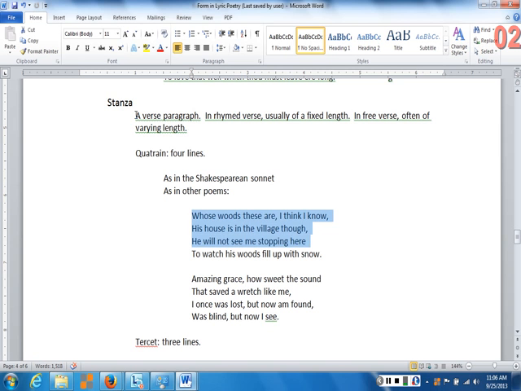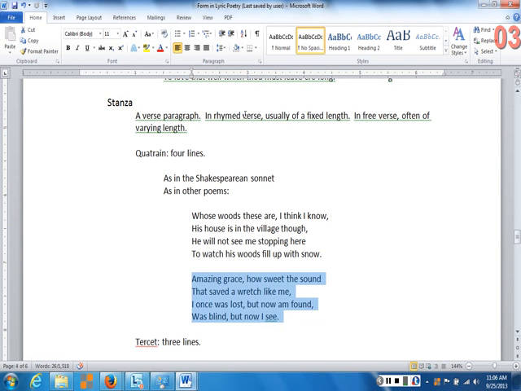So we've got a group here of 4 lines, okay? And then there's a break before we get to the other group of 4 lines. But that's not a very good example because that's 2 different poems, but I think you get the idea, okay?